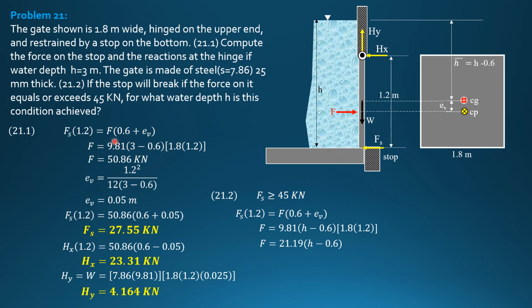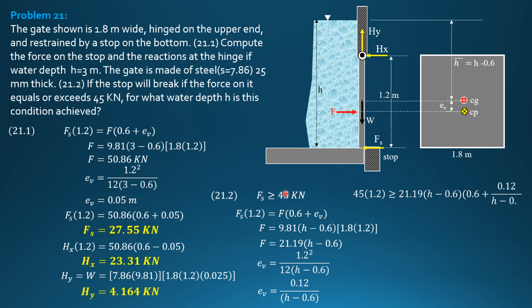Then e sub v is 1.2 squared over 12 times quantity H minus 0.6. So simplifying, e sub v is 0.12 over H minus 0.6. So substitute in this working equation here. 45 times 1.2 must be greater than or equal to 21.19 times H minus 0.6 times quantity 0.6 plus e sub v, which is 0.12 over H minus 0.6.